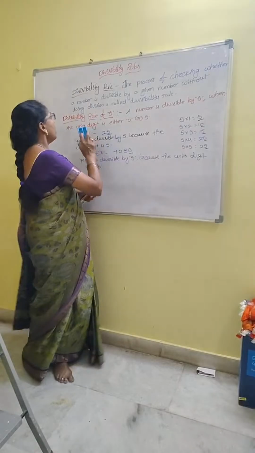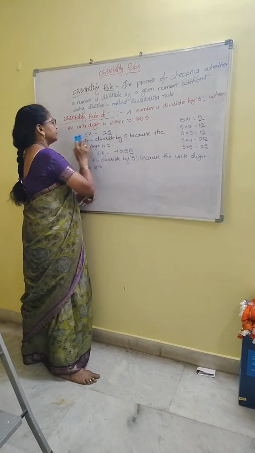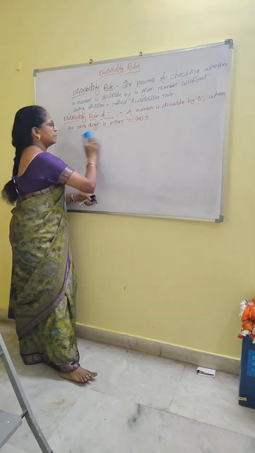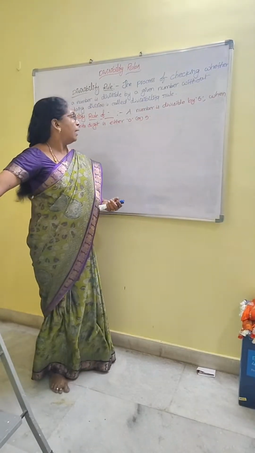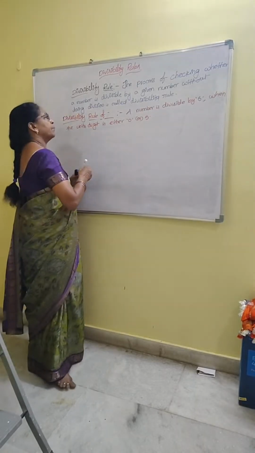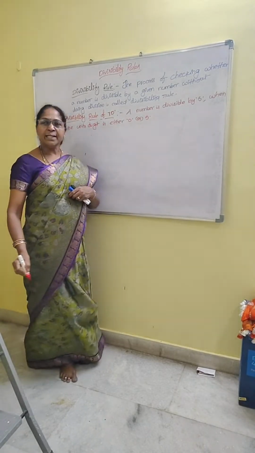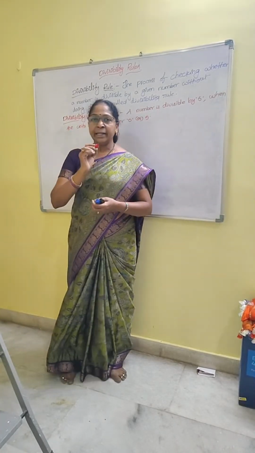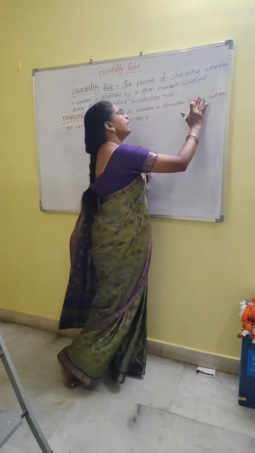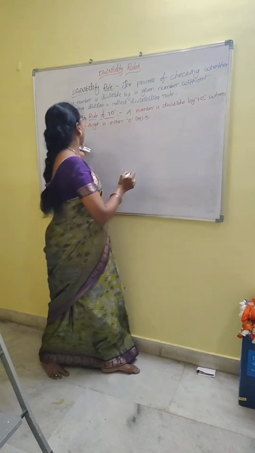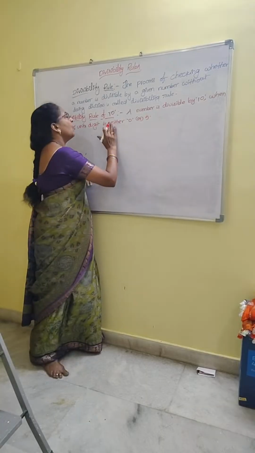Now see, the divisibility rule of 10. What is the divisibility rule of 10? A number is divisible by 10 when the unit digit is only 0.